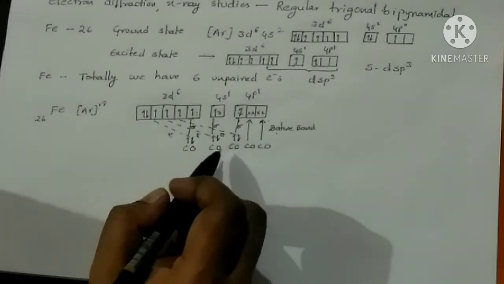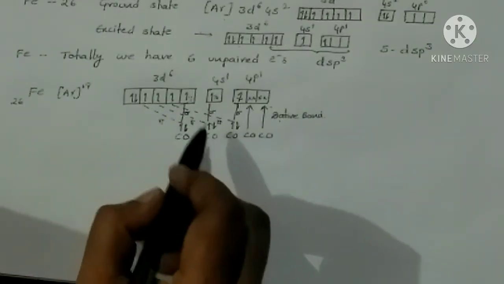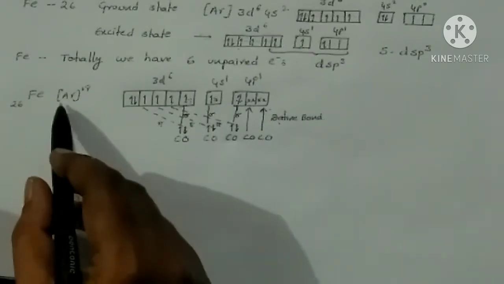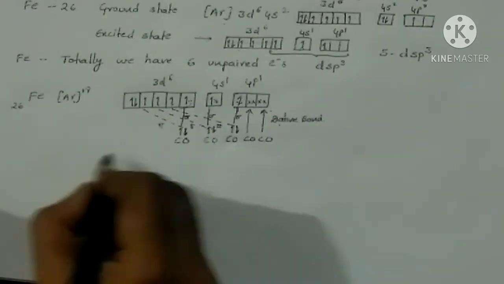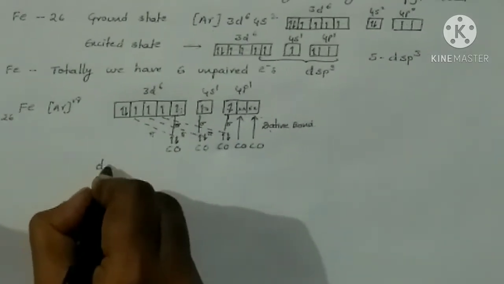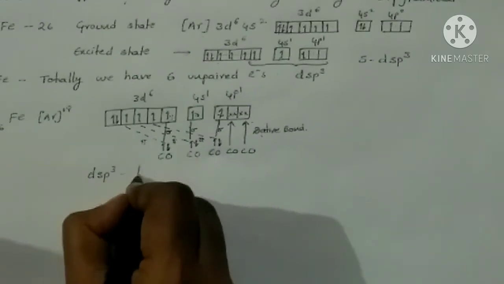This is how bond formation takes place between carbonyl groups and the metal atom. And here we see dsp3 hybridization.